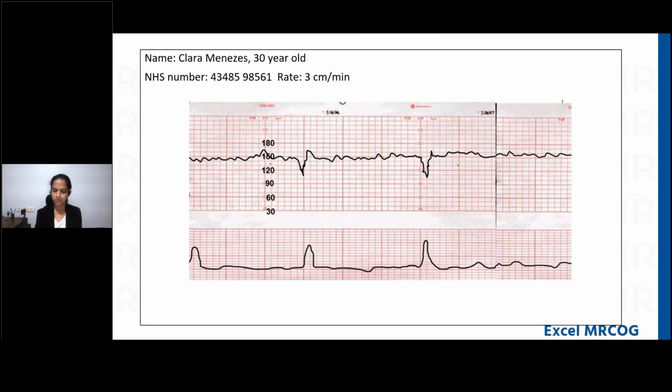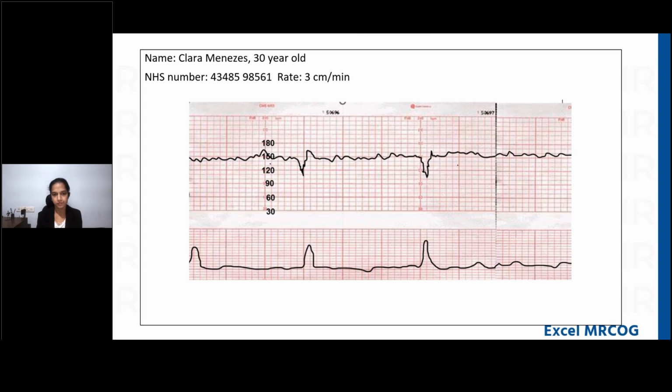So it is known as early deceleration. Are you with me? These are early decelerations, and they are not of much significance. They can be there usually due to head compression. The second one is variable deceleration, which has no relation with the contractions, and it can be due to cord compression.